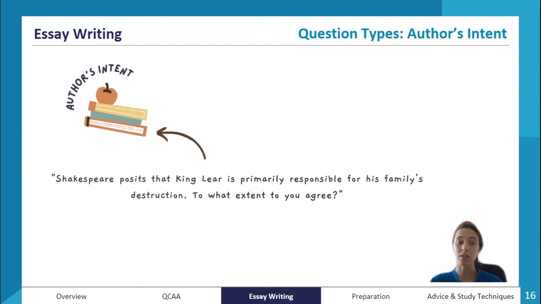To what extent do you agree? So this is that other question type that I mentioned before, where you have to take a position on a statement of fact that you are provided with. So here, what makes this author's intent is it obviously includes mention of the author and what they were intending to do, what their strategy was when writing the text originally.